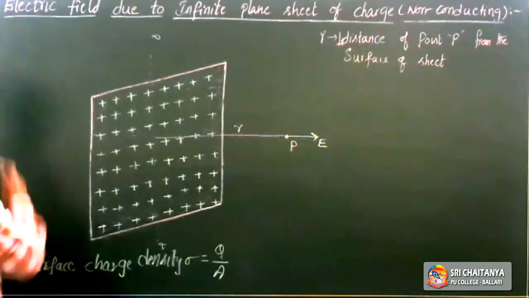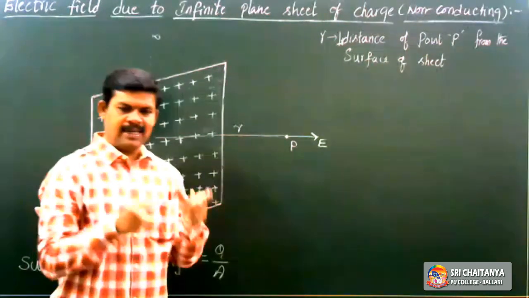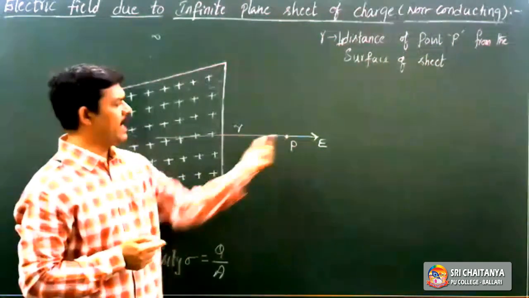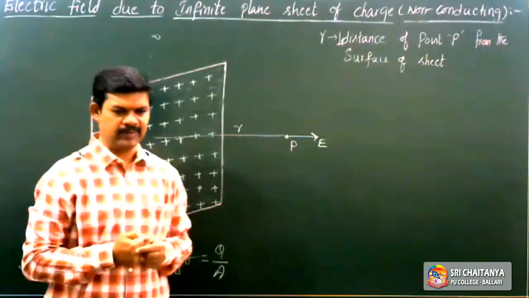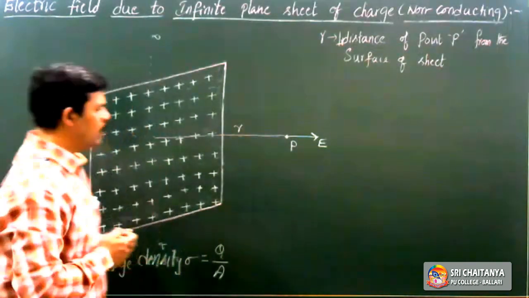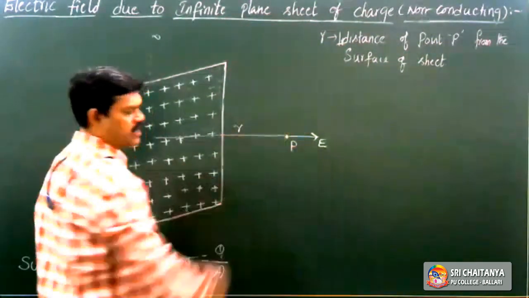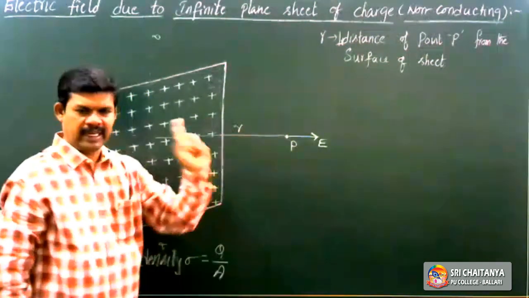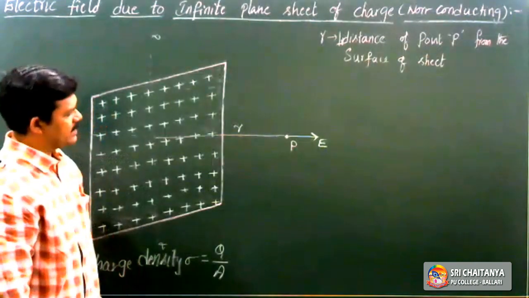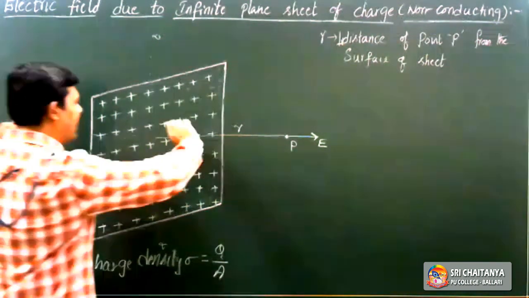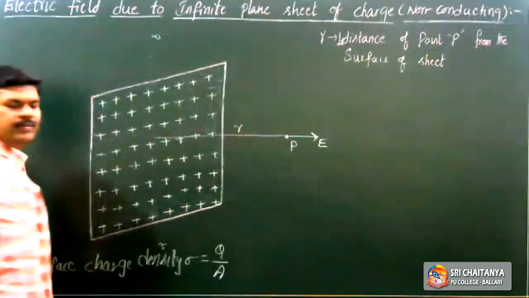So what do we actually do? We consider a closed Gaussian surface enclosing that point P. For using Gauss law, what is the procedure? First, at the point P, take the direction of the field. Next, consider a Gaussian surface which encloses the charge.